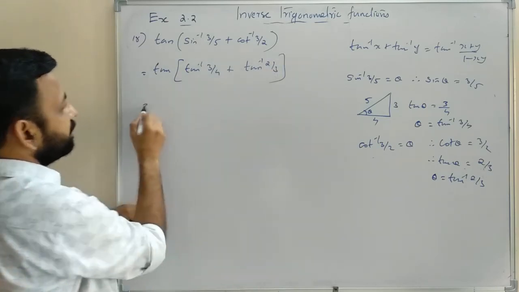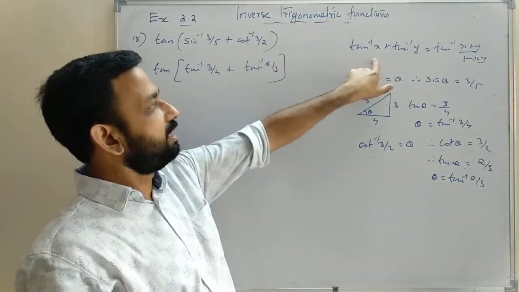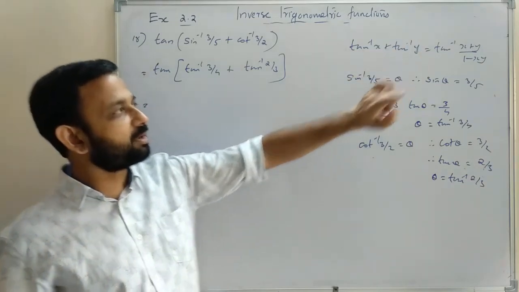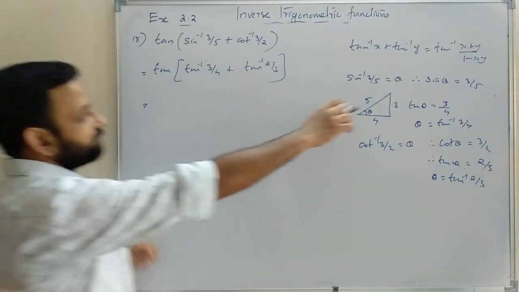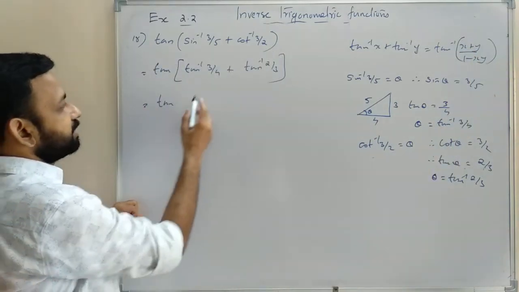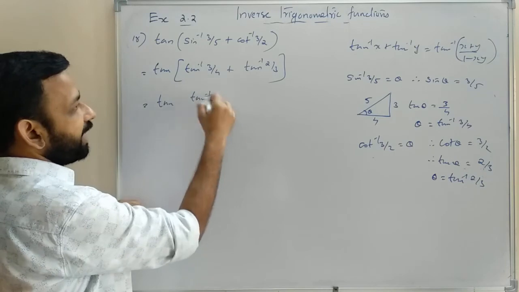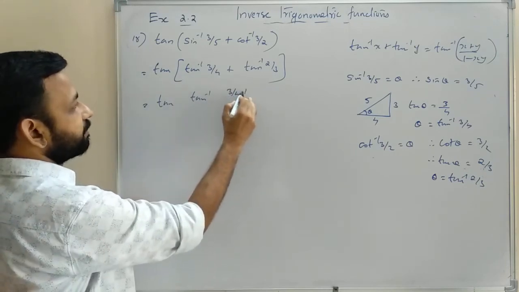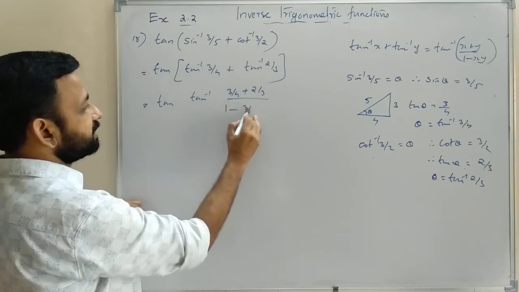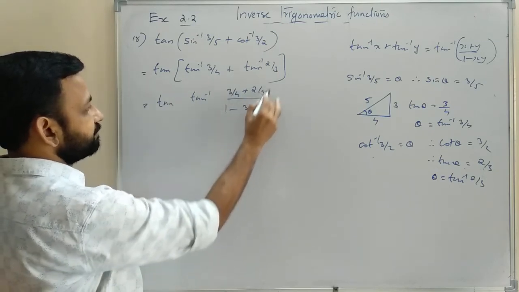Now we apply the formula tan inverse x plus tan inverse y is equal to tan inverse of x plus y upon 1 minus xy. So that is tan of tan inverse of, x plus y, that is 3 by 4 plus 2 by 3, upon 1 minus x into y, that is 3 by 4 into 2 by 3.